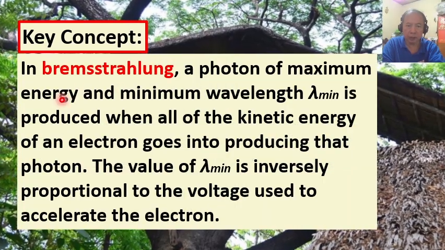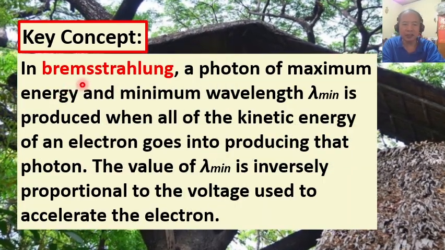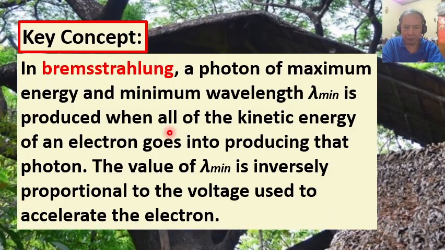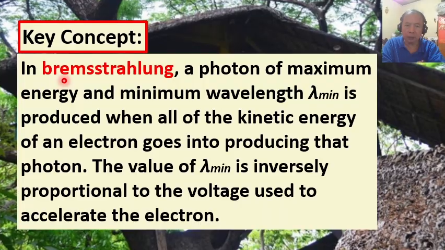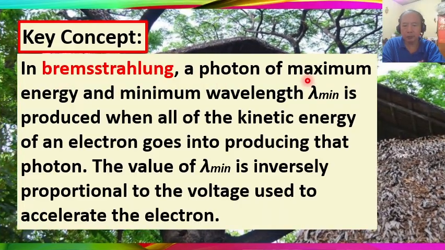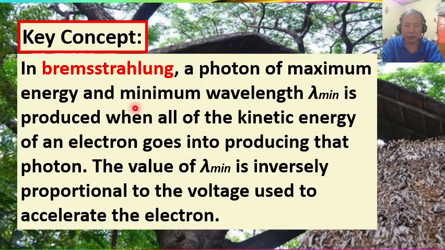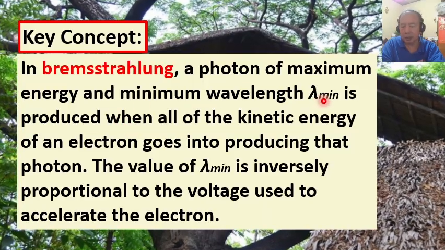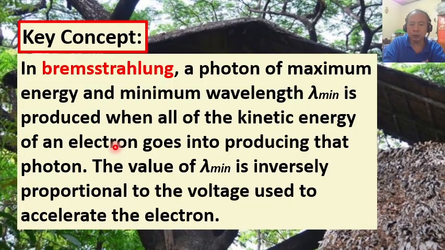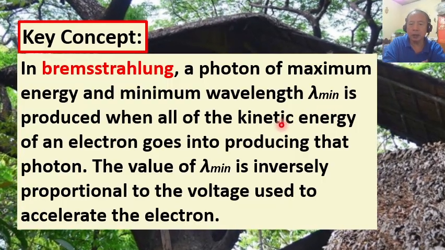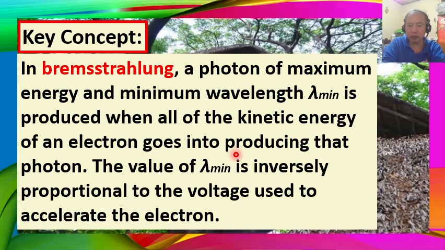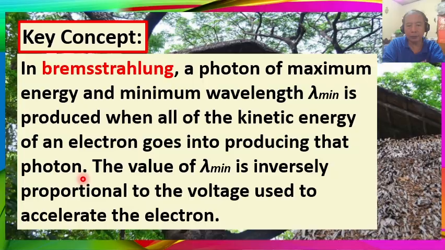Just before we go, let us put emphasis on the key concept applied in this problem. In Bremsstrahlung, a photon of maximum energy and minimum wavelength lambda sub min is produced when all of the kinetic energy of an electron goes into producing that photon.